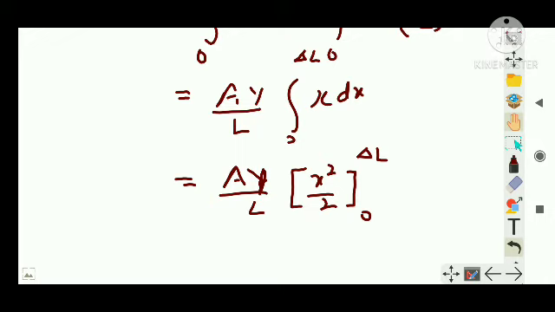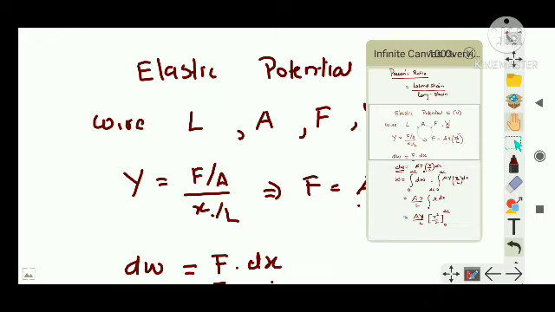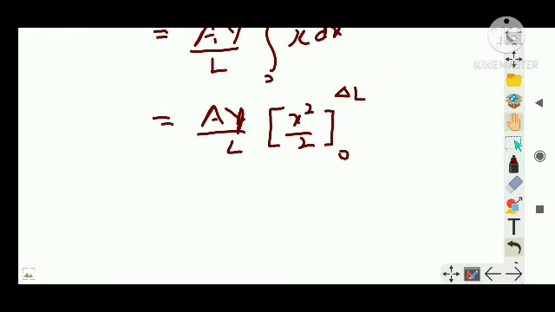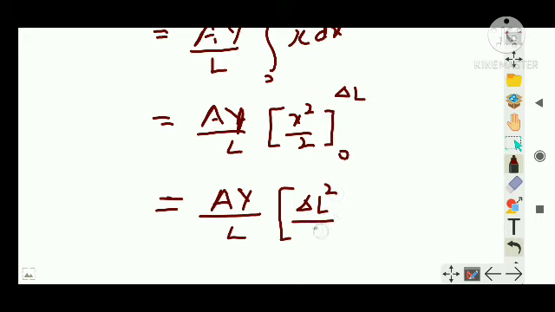Right, so that means in place of x squared, now I have to substitute delta L. AY by L, delta L squared by 2.